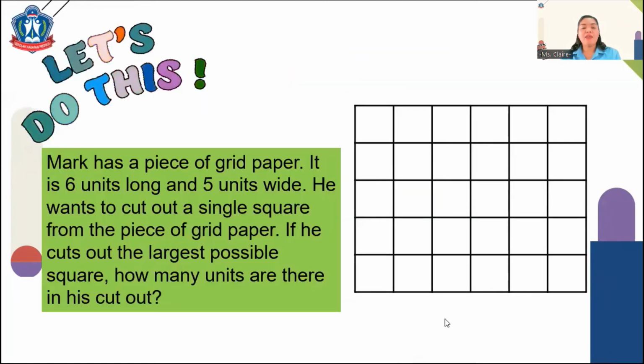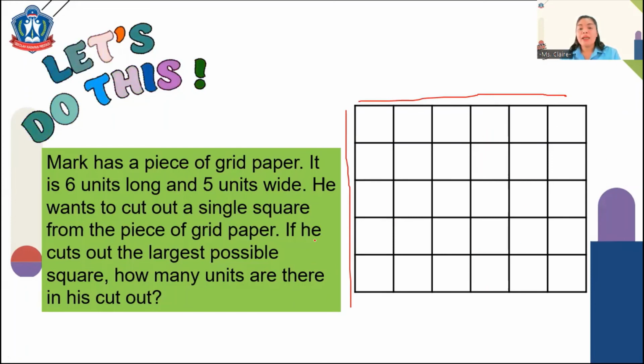I have here a problem for you to solve. Mark has a piece of grid paper, this one. It is 6 units long and 5 units wide. He wants to cut out a single square from this piece of grid paper.